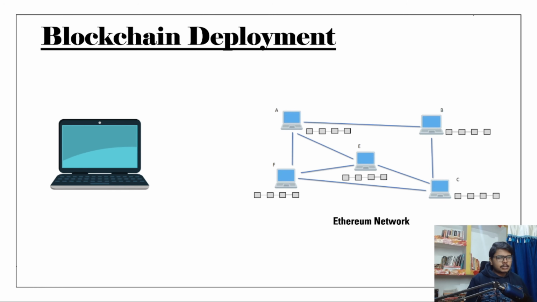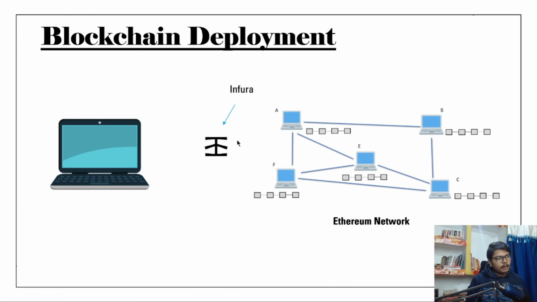So what is this Alchemy or Infura? Let us see. Again, you have this normal computer, and this normal computer wants to talk to the Ethereum network. In order to communicate with the Ethereum network, this computer needs an endpoint, and we will talk about this endpoint, so don't worry about it. This endpoint can be Infura. This is the logo of Infura.